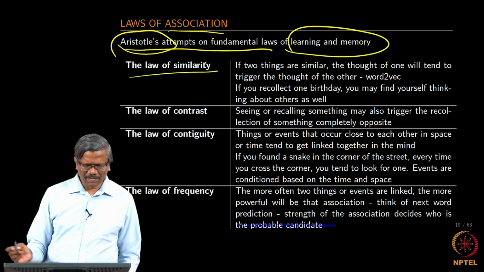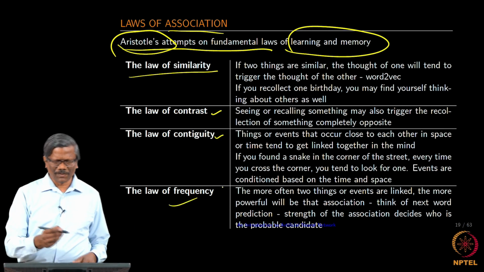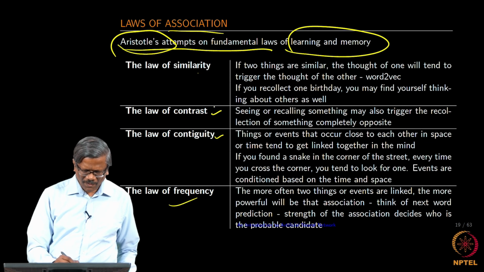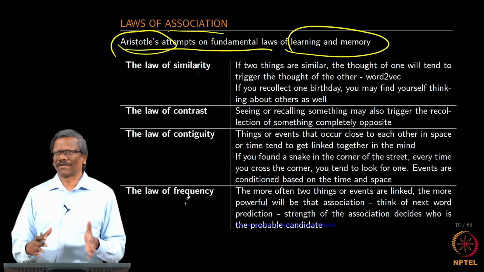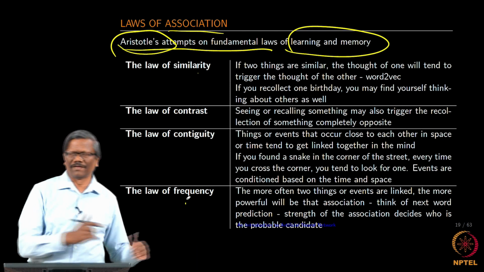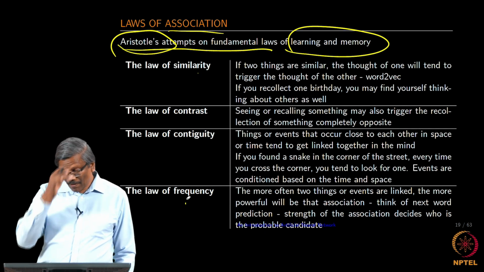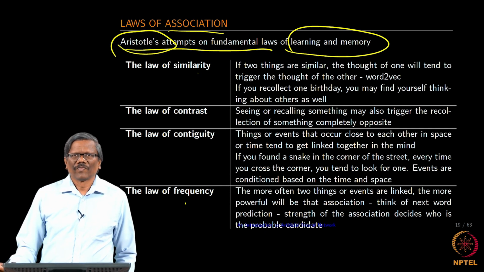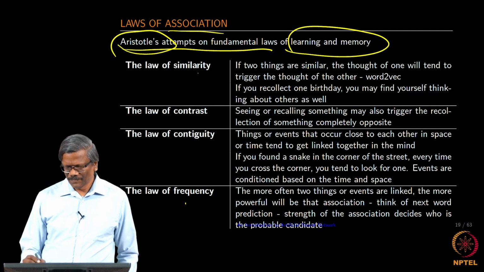One is the law of similarity, the second is the law of contrast, the third is contiguity, and the fourth is frequency. We also have to relate this to what we have in natural language processing, then only they are useful; otherwise it is just another individual set of laws. The law of similarity: if two things are similar, the thought of one will tend to trigger the thought of the other.